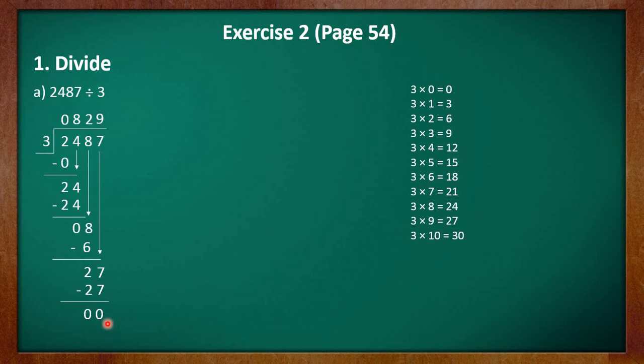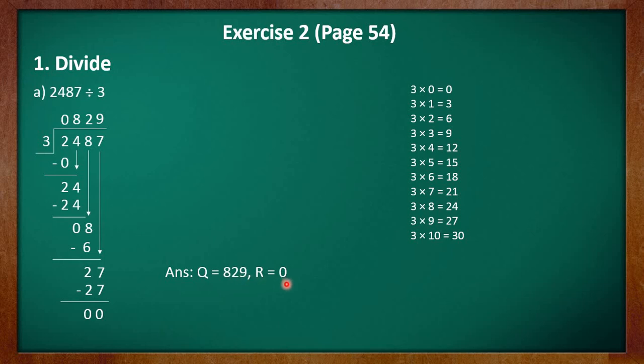And now we do not have anything remaining in our dividend to divide by 3. So that means we have divided 2,487 by 3 completely. So this gives us our final answer as quotient 829 and remainder 0.